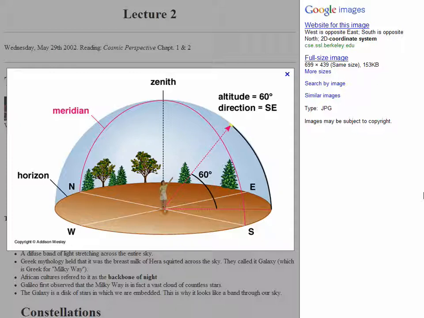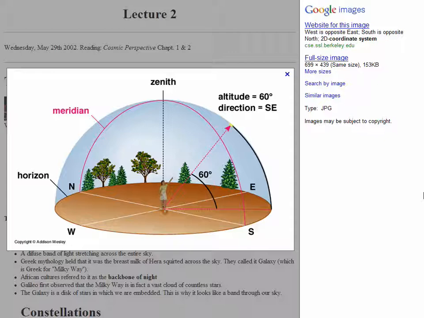If you take a look at this, the local coordinate grid forms a cage through which you look when you look out into space. It is fixed to the ground that you're standing on. So this coordinate system will rotate with the Earth. And since the Earth is rotating always, the coordinates of any celestial object or celestial body will change moment to moment if you're using the local grid.